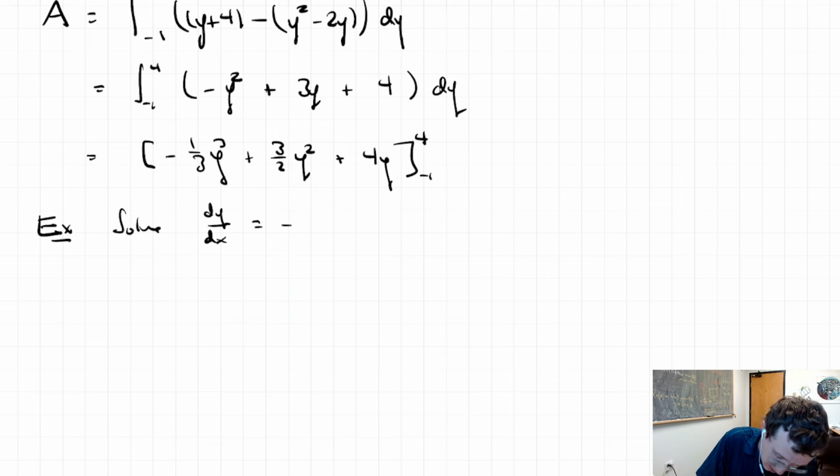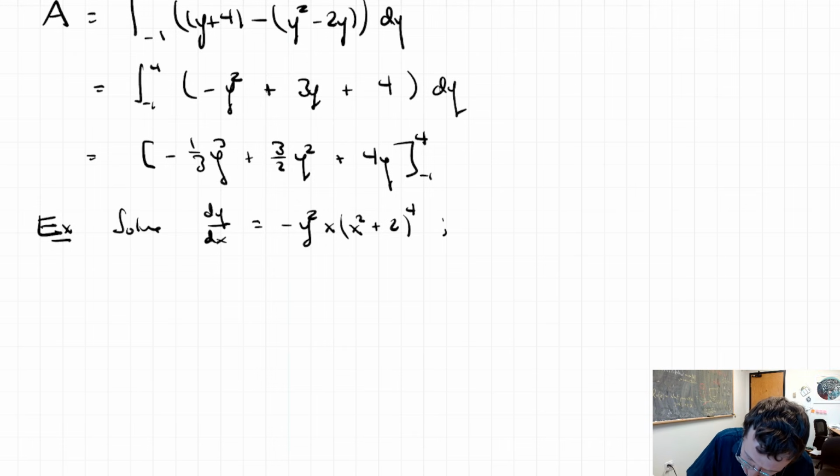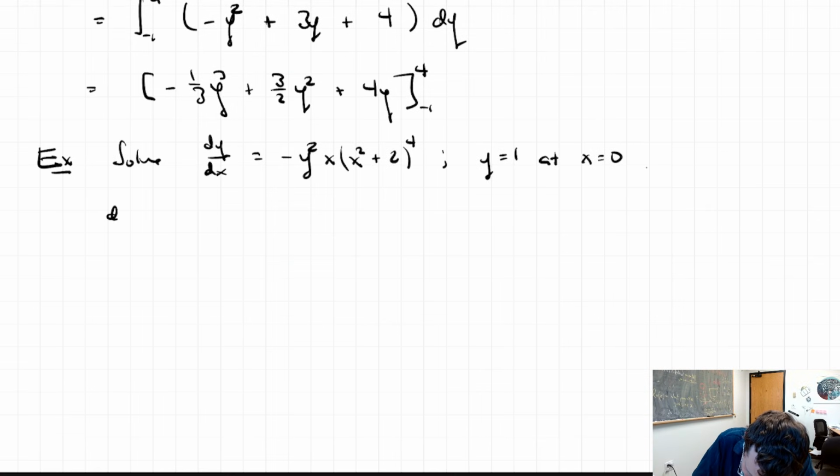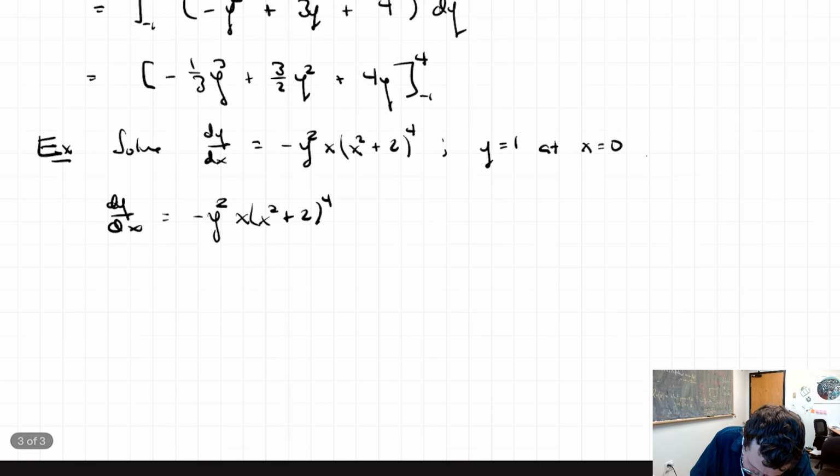dy/dx is minus y squared x times (x squared plus 2) to the fourth. Oh, geez. Oh, okay, yeah. I thought this was going to be really bad, but it's not. And y equals 1 at x equals 0. Okay, so if dy/dx is minus y squared x times (x squared plus 2) to the fourth, separable means that I can separate the x's and y's.